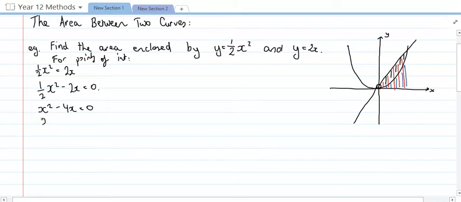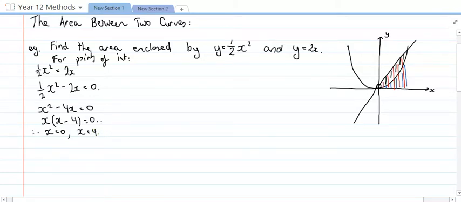So I'm going to take out the common factor of x, and that leaves x minus 4 equaling 0. And therefore, as a result of that, we've got either x equals 0, which is our solution that we already knew, or using the null factor law here, x is equal to 4. So those are the two important x values.